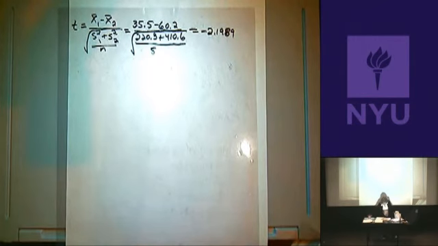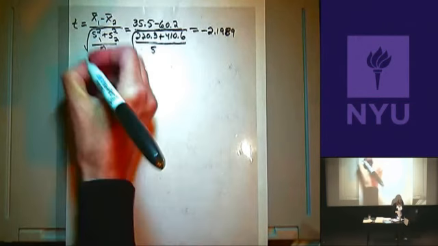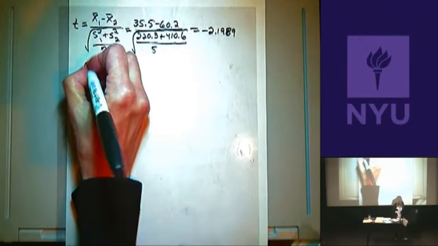So what do I need to do to find significance? Slow down so you can write? Yeah, okay. I have to find the critical value, right? I need a t-critical value, so I need the degrees of freedom. What are the degrees of freedom for this study?